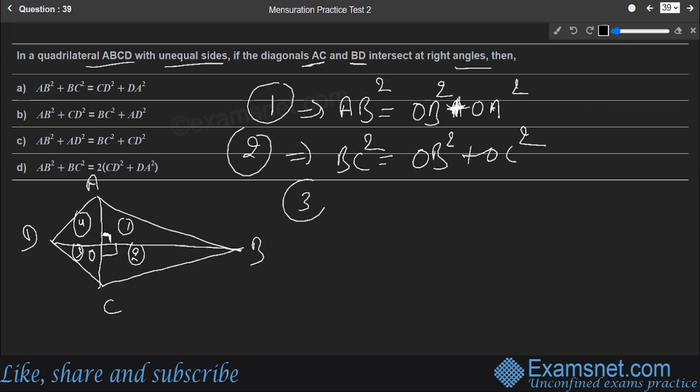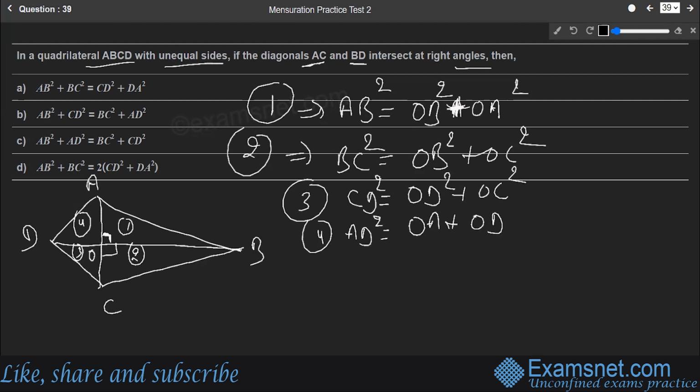The third right triangle, the hypotenuse is CD, so CD square is equal to OD square plus OC square. And the fourth right triangle, hypotenuse is AD, so AD square is equal to OA square plus OD square.